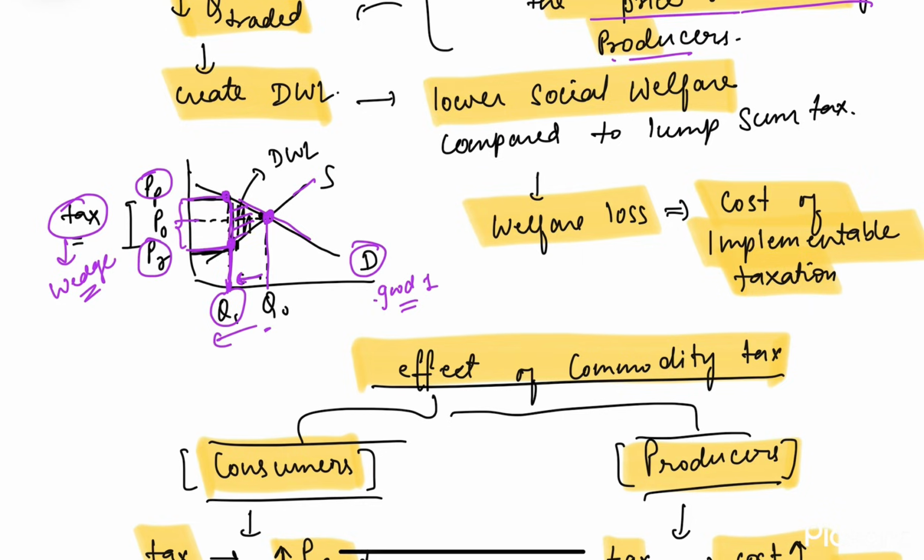Why? Because this is the tax and this is the final quantity that a person is purchasing. So q1 multiplied by this tax would give the revenue, and this remaining part would be the consumer surplus which is not gained by either the producer or the consumer. This is the loss in social welfare, or the loss in efficiency, which we call deadweight loss.